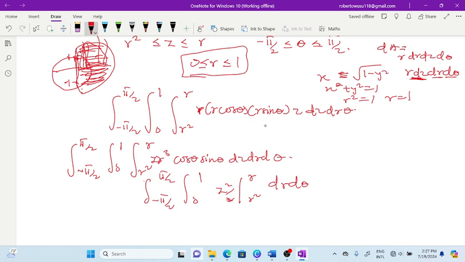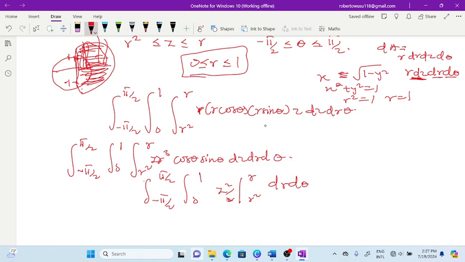So with this, I have my integral from negative pi on 2 to pi on 2, integral 0 to 1. When I put in r squared and r here, I'll have r squared over 2 minus r to the power 4 over 2, right?